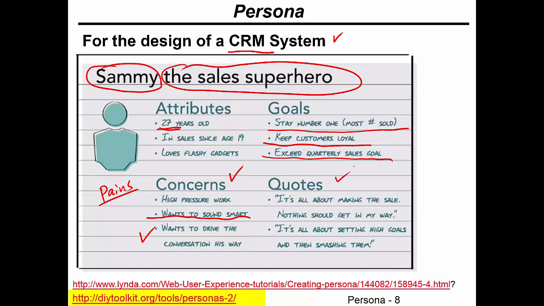The quotes may come from the field research. Say, it's all about making the sales. Okay, nothing should get in my way. Another quote is, it's all about setting high goals and then smashing them. Okay, got it? So I hope this persona helps you to understand how to create a simple persona.